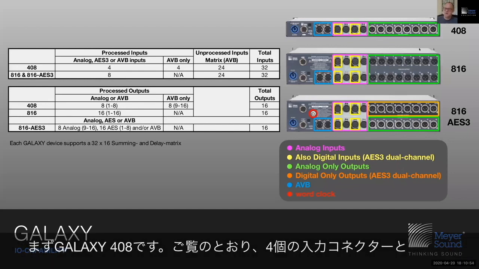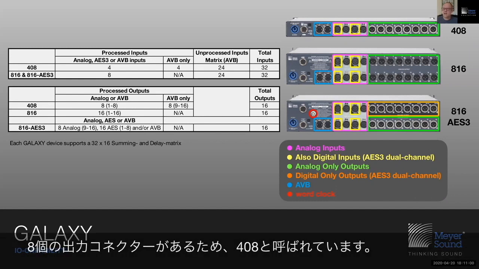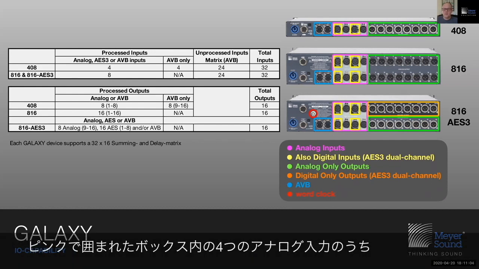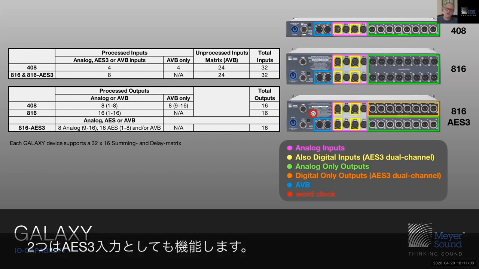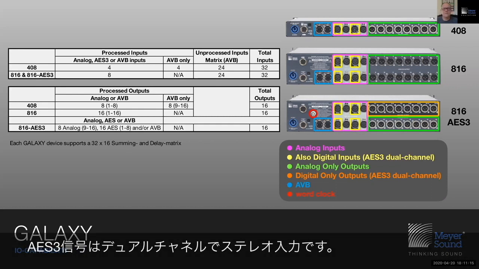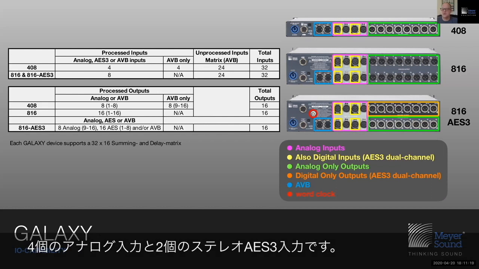The first model in the Galaxy device platform is the 408, and it's called 408 because, as you can see, it has 4 input connectors and 8 output connectors. 4 analog input connectors within the pink bounding box, and 2 of those double as AES3 inputs. I would like to remind you that AES3 format is dual channels, so these are AES stereo inputs, if you will, for lack of a better description, which is the reason that there are only 2 and not 4.